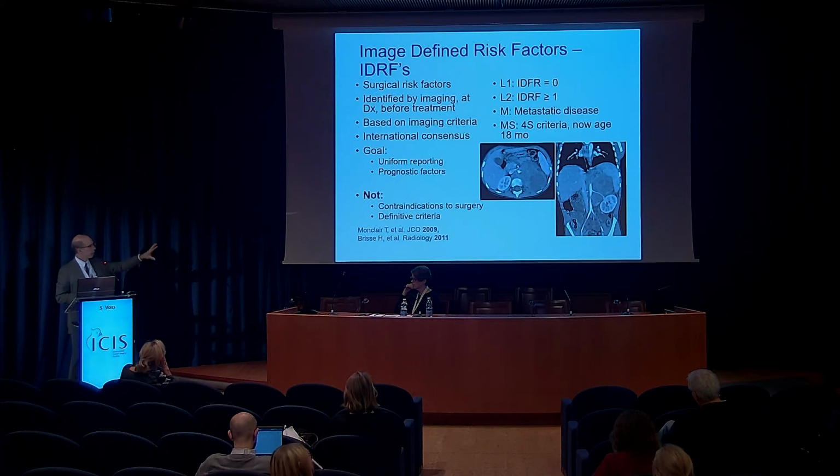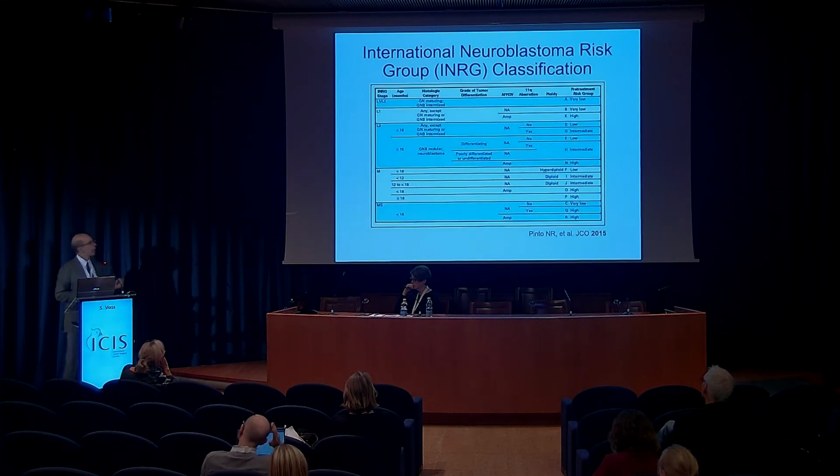And they were developed by a group of radiologists. Beth was actually involved in that study that Hervé Brisse put out in radiology, and Tom Monclair was a surgeon who was simultaneously involved in developing these. And out of that came this new risk group classification scheme.